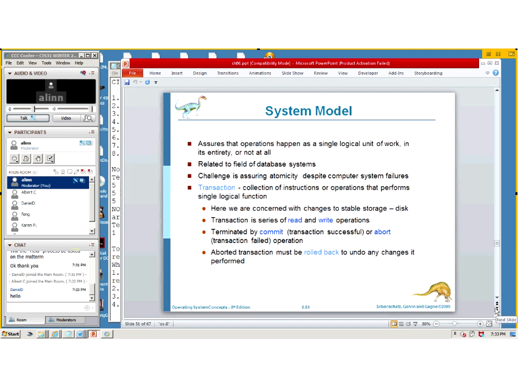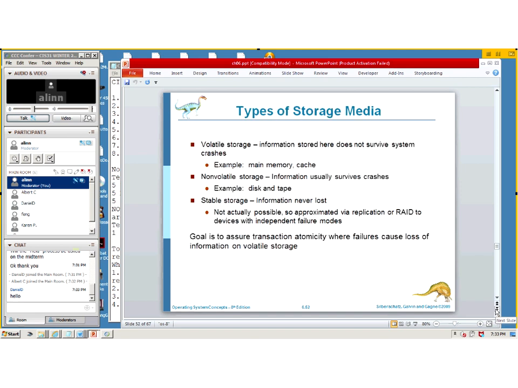But that's the concept. And the type of storage media you have is volatile storage. And that's like your main memory would be an example of volatile storage. And it doesn't survive system crashes. When you shut your machine down, your primary memory is usually gone.